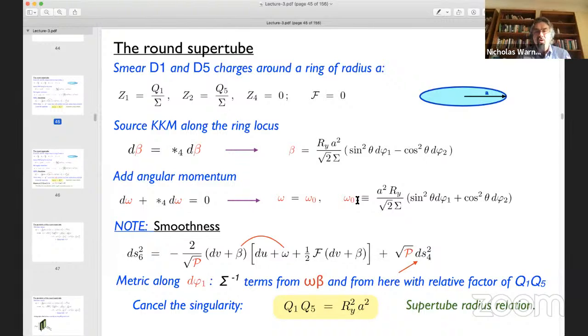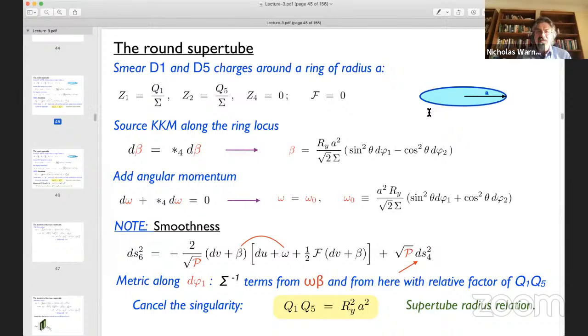I've chosen the trivial case of a circular profile, but I can ask how I can take this system and give it a shape profile in precisely such a way as to preserve the exact same supersymmetries the system had originally. And then you would find you have to turn on this Kaluza-Klein monopole and this angular momentum in exactly the way described, with the same normalizations and along the same singular locus.